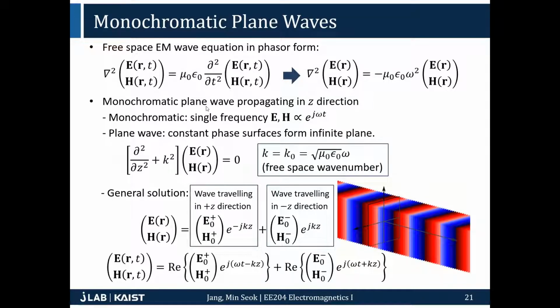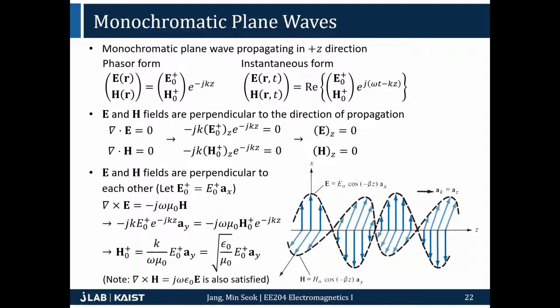Okay, so now let's think a little deeper about monochromatic plane waves. As I said, let's choose just the positive propagating wave, because everything is basically the same, so I choose one to make our problem simpler.